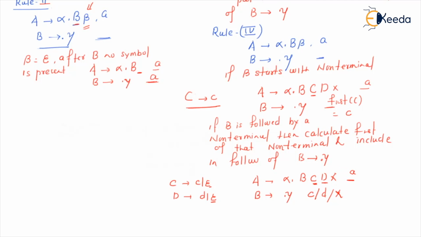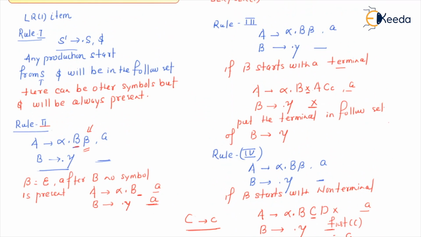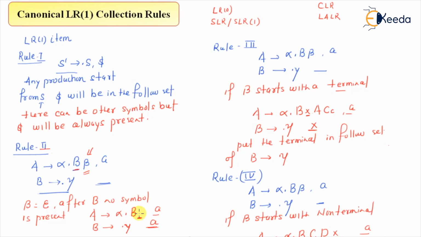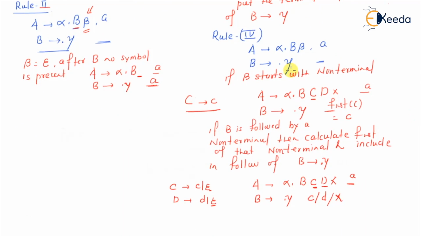To summarize, there are only three possibilities. If there is nothing, then copy it; if there is a terminal, include the terminal. Those are two simple rules. The only rule that will cause you problems is the follow symbol when there is a non-terminal; then we should calculate the first.